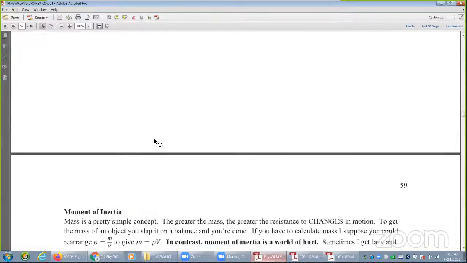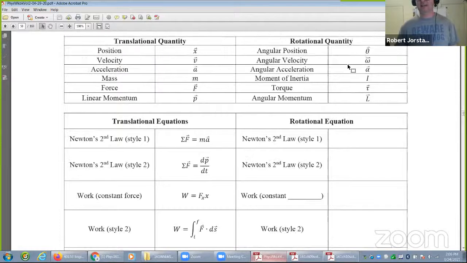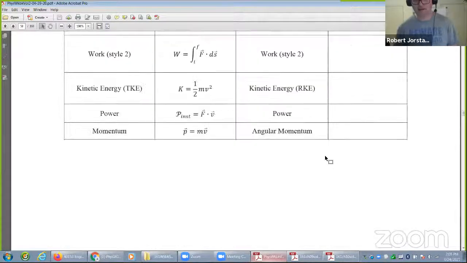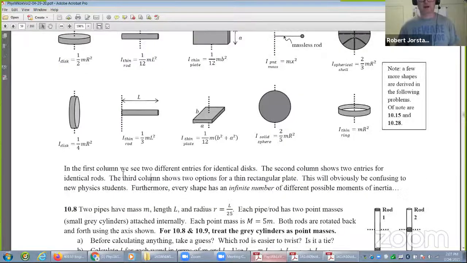So now we see why there's a whole chapter 10. You might be saying, isn't this just going to be easy? Just this one letter right here takes like a whole day. So we'll focus on this next time. So look at this. Every shape has an infinite number of different possible moments of inertia.